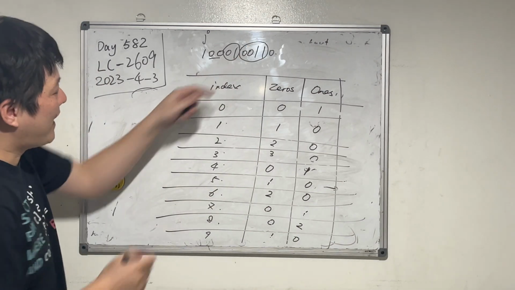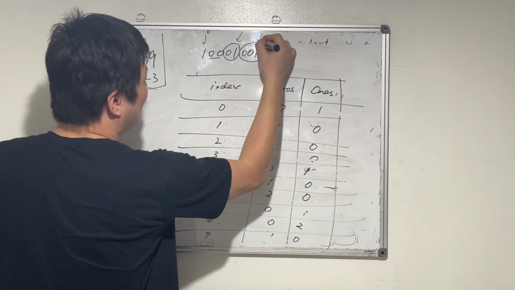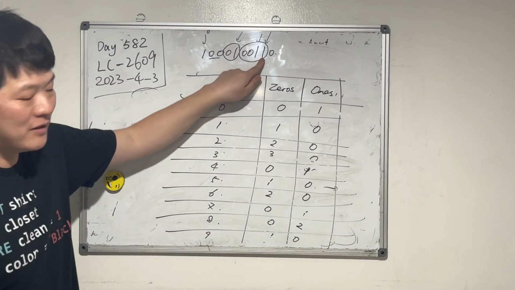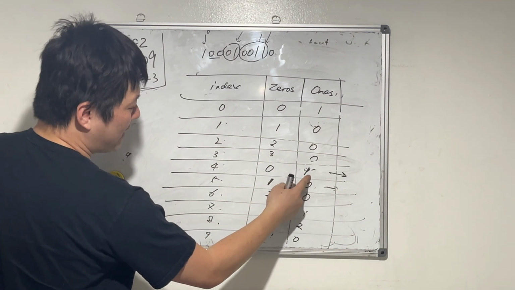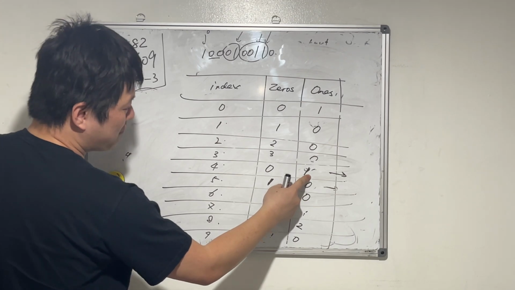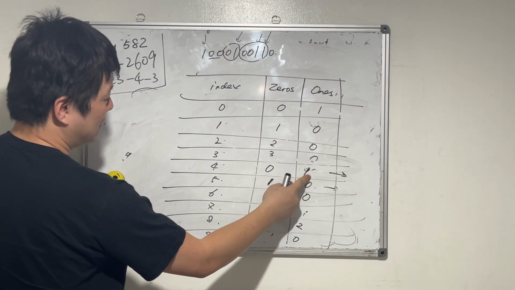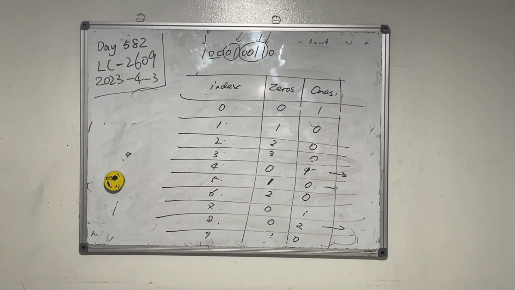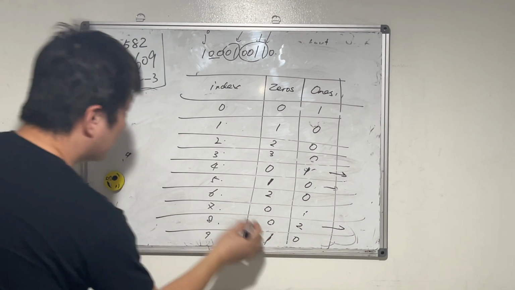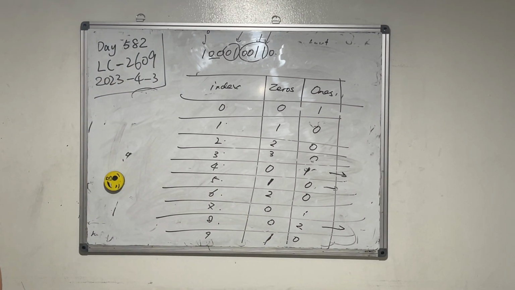So when we are here, what happened? We know now the number of ones and the number of zeros. So now we have 1 one, and the previous run is zeros. In the groups, there's 1 one and then 3 zeros, then 1 one, 2 zeros, then 2 zeros and 2 ones, and then 1 zero.